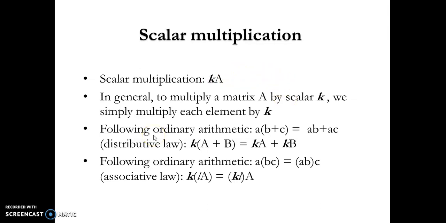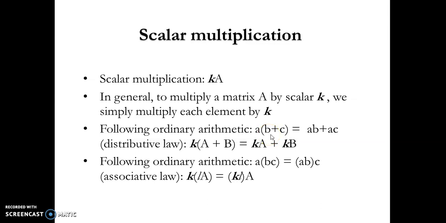Now, following your laws of ordinary arithmetic, certain laws apply here to your matrices as well. The first one that we have here is the distributive law. So this is following on from ordinary arithmetic.